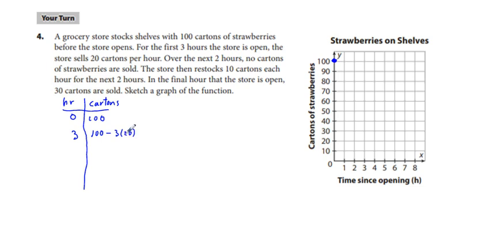So that's going to be 100 minus 60 equals 40. So we're going to have 40 cartons on the shelves after 3 hours.